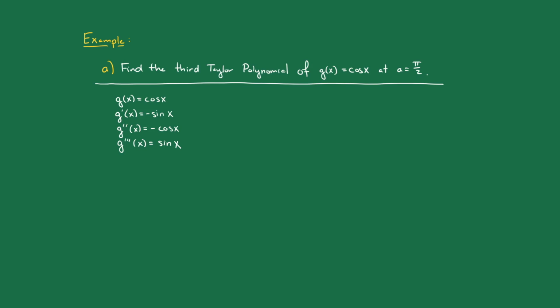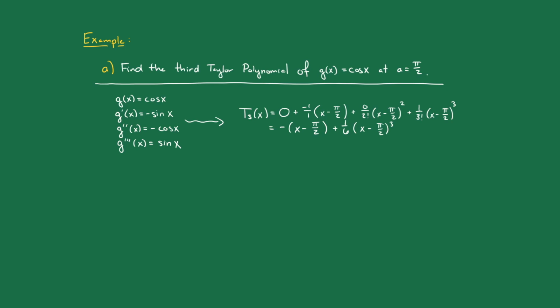Then we can plug in the center, which is pi over 2, and apply the general formula for the third Taylor polynomial to get 0 plus negative 1 over 1 times x minus pi over 2 plus 0 over 2 factorial times x minus pi over 2 squared plus 1 over 3 factorial times x minus pi over 2 cubed. And we can simplify this to get negative x minus pi over 2 plus 1/6 times x minus pi over 2 cubed.